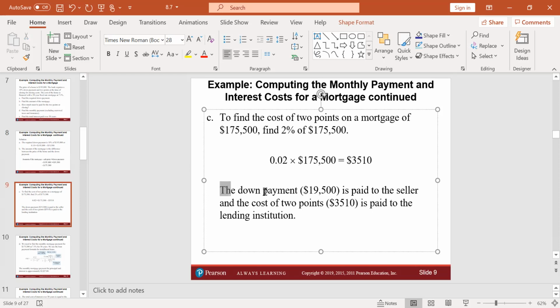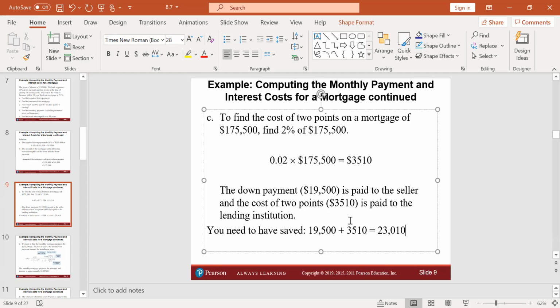So in total, you need to walk in with $19,500 plus $3,510, which is going to come out to $23,010. You need to walk in with $23,010 in savings in order to buy this home. Most of it is going to come back to you someday if you ever sell the house.